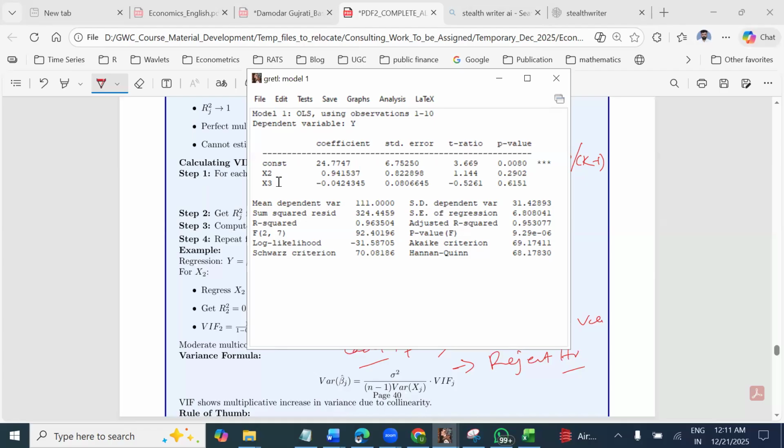Beta 1 and beta 2 are the parameters, na. So how many parameters are here? 2 parameters. Okay, 2 parameters. Very good.